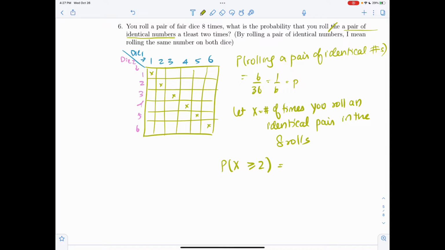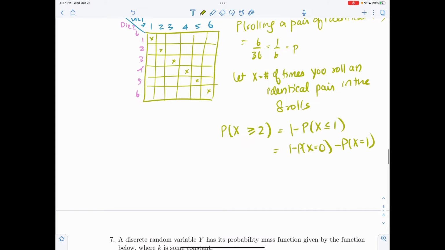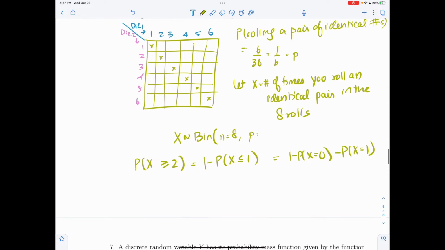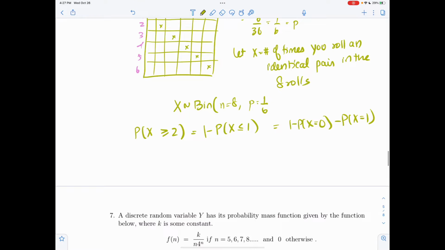Same kind of deal. Okay, and what kind of random variable is X? Okay, we've labeled it. And we know that X will be a binomial random variable. N equals 8. P is the probability of rolling a pair, and that is 1/6.